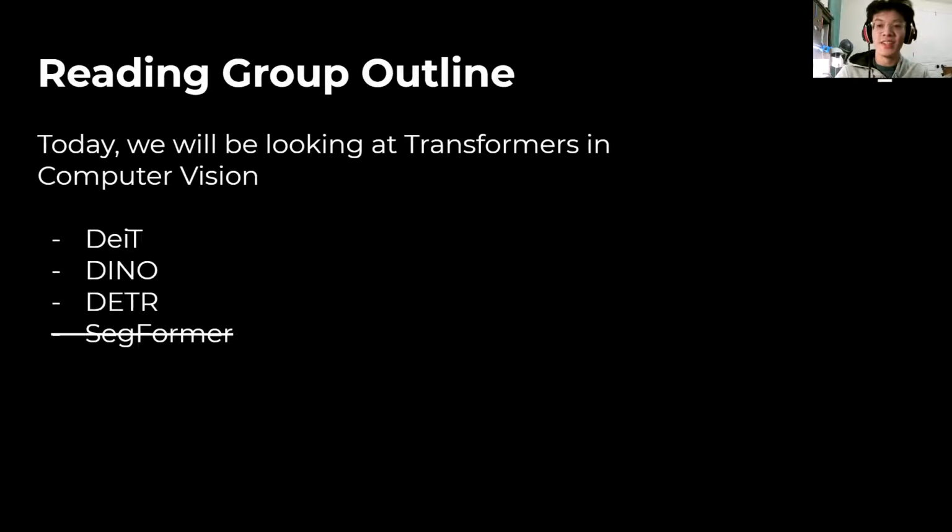And then there's also SegFormer, a segmentation model that uses transformers. I included SegFormer in the slides, but I do not think we have time to cover it, so I'm just gonna leave it there. You can look at it when you have time, but I won't cover it.